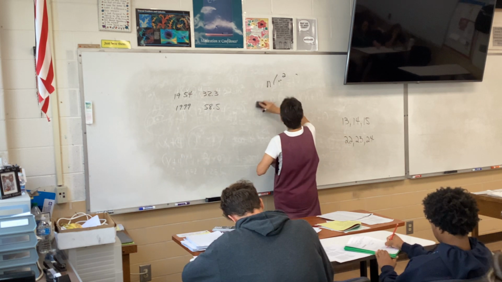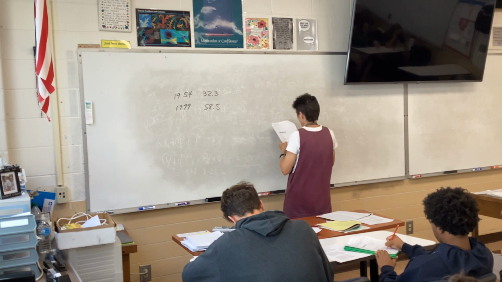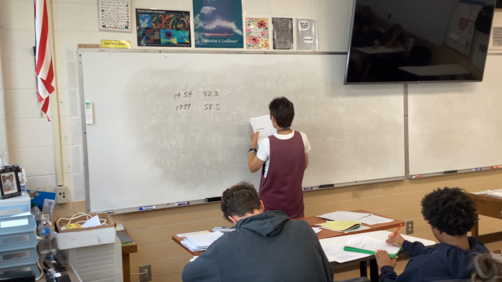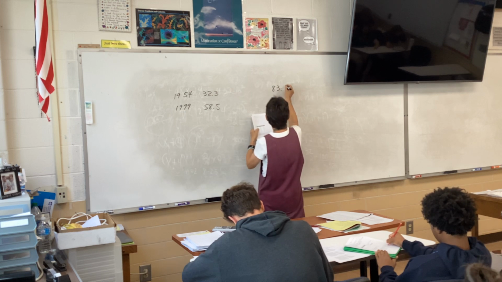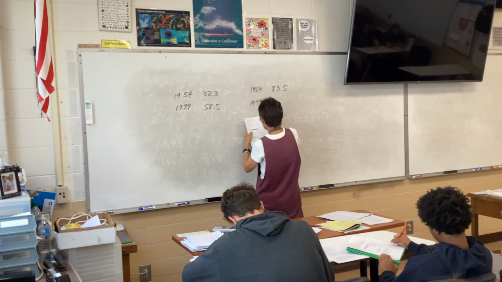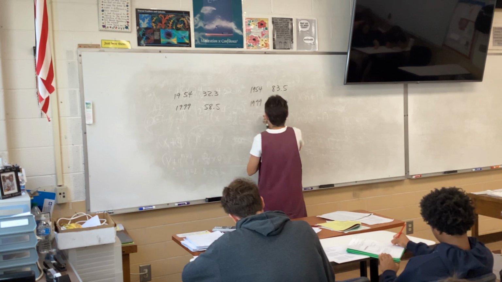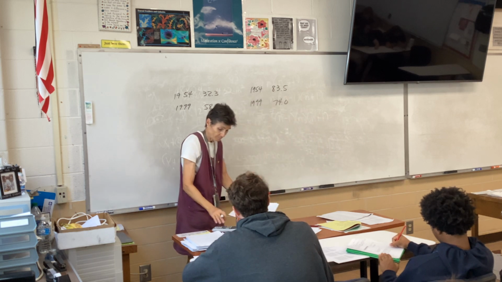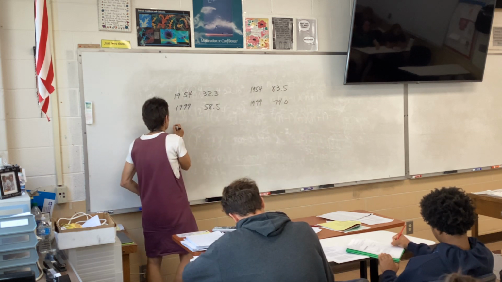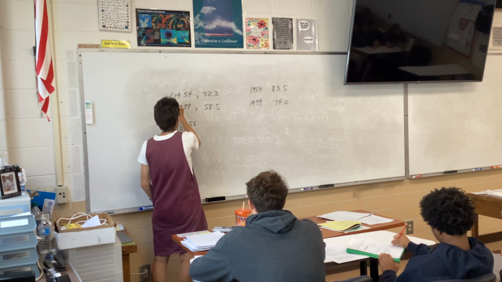And then they want you to do the same thing for the men. So 54 and 99. Okay. So hopefully you're finding the slope. Think of these as ordered pairs.